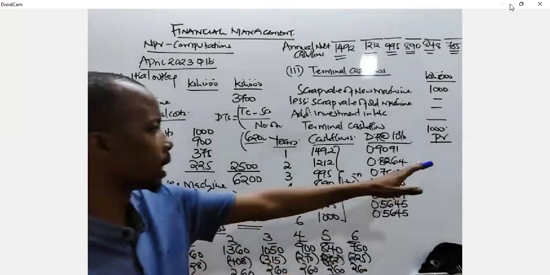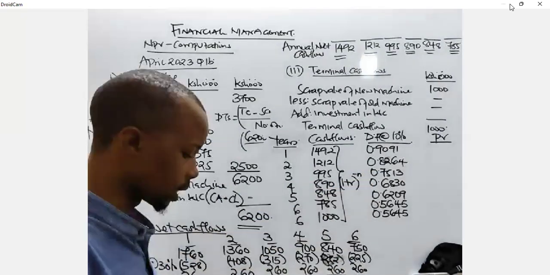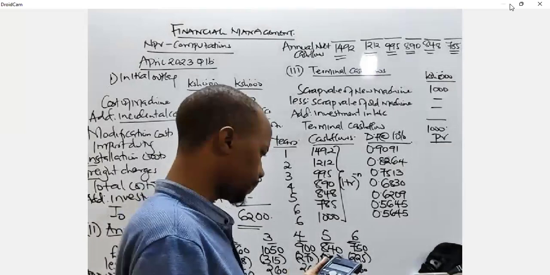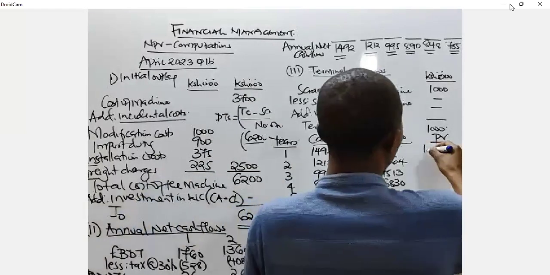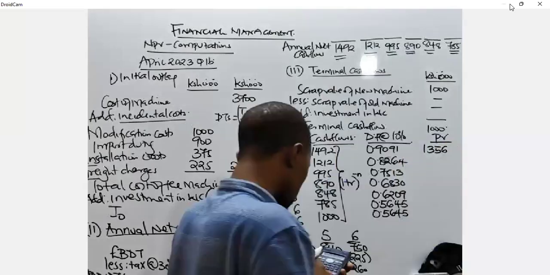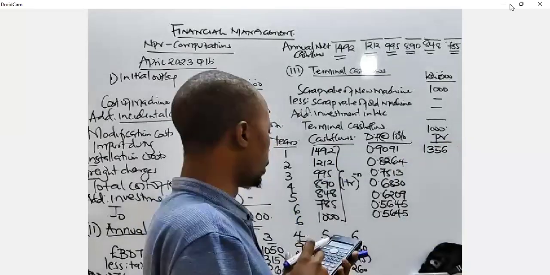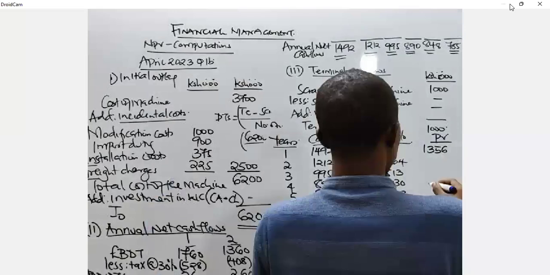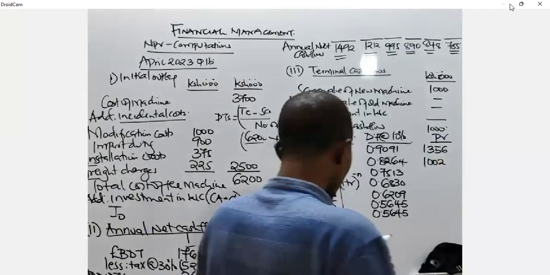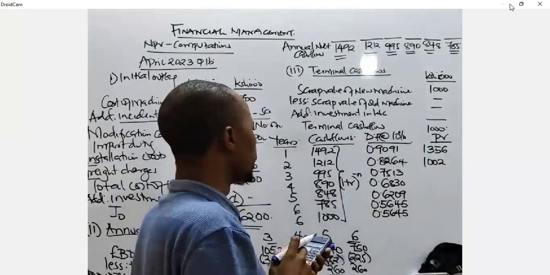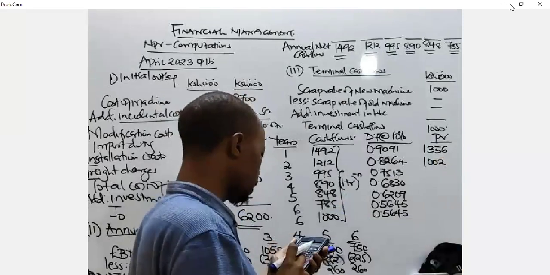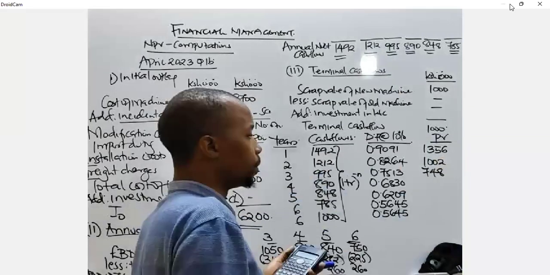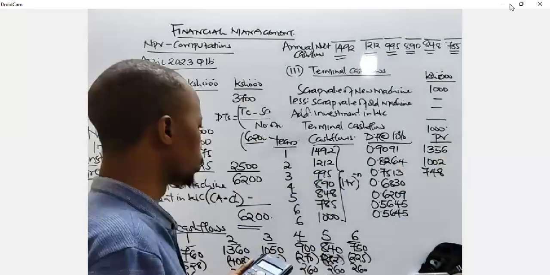To get your present values, take your cash flow and multiply by the discount factors. So it will be 1492 times 0.9091, getting 1356. Allow me to put in whole numbers. We multiply 0.8264 by 1212, getting 1002. The third one will be 995. We multiply by 0.7513, getting 748. The other one will be 890.